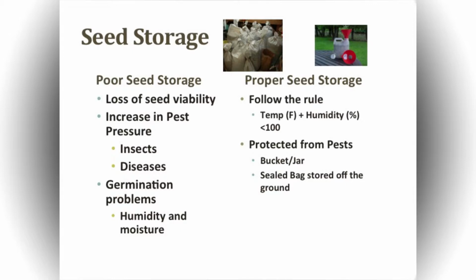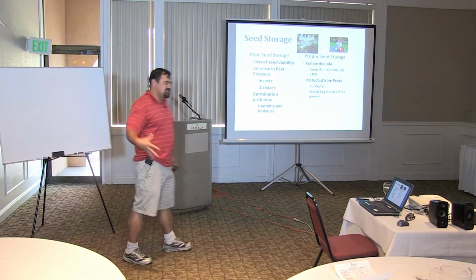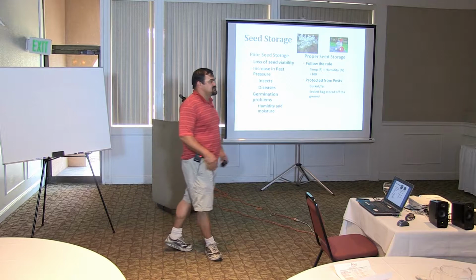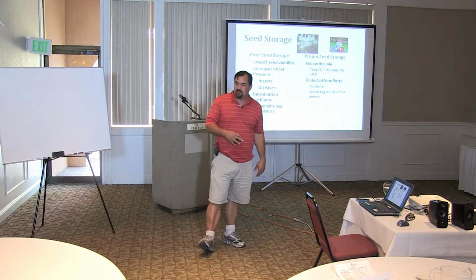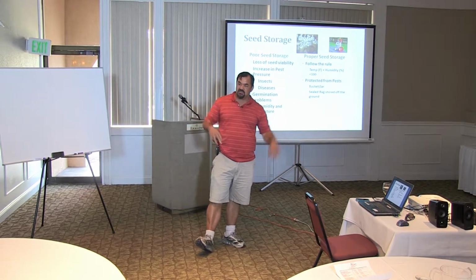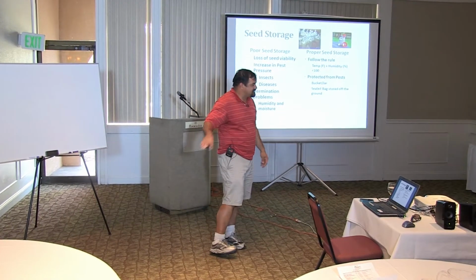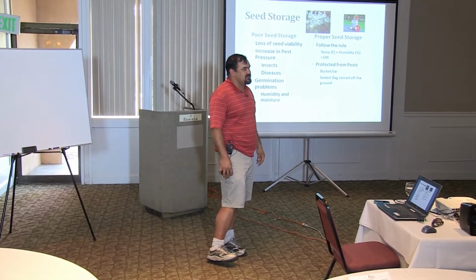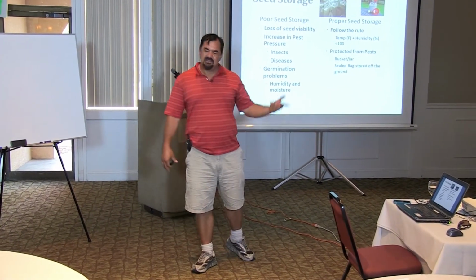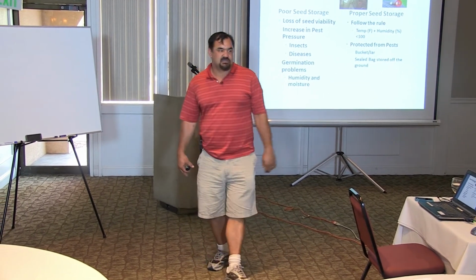I'll move it off maybe 6 inches, because I want airflow to go all the way around that seed in all directions. If I get a certain amount of airflow, I can usually keep the humidity low. So even if it's inside, where humidity tends to increase, as long as I have airflow, I'm usually okay. And so I can store it for at least a year.